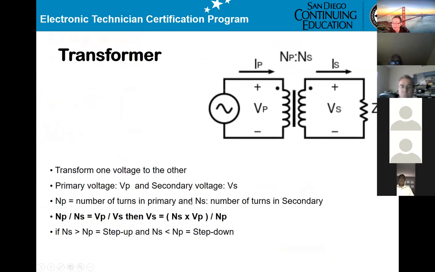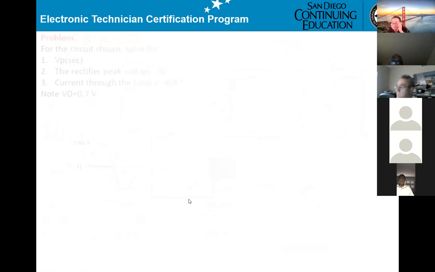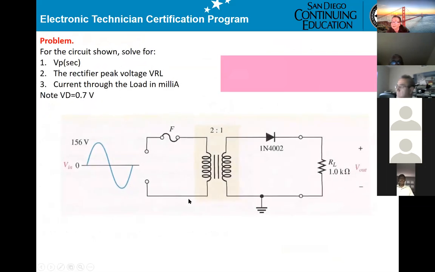Transformer, we already went over. Okay, now for the circuit here, they want to know V secondary, the rectified peak voltage, and the current through the load, and they gave VD equal 0.7.